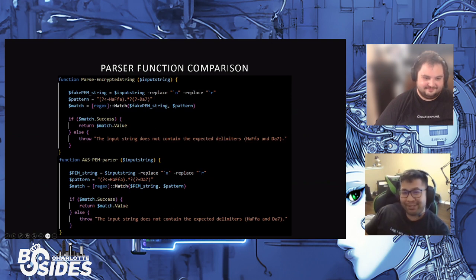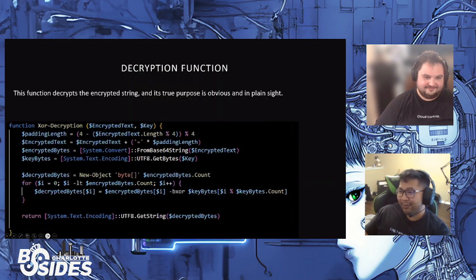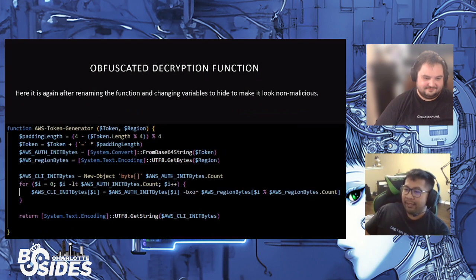So that's our parser function. And again, we're going to go to our decryptor function here, right? So all this is an XOR decryption function here. And then it decodes from base64 and just returns that value, right? And then here it is, as I am obfuscating in plain sight, just renaming the function, renaming the variables to make things look like AWS stuff, right?